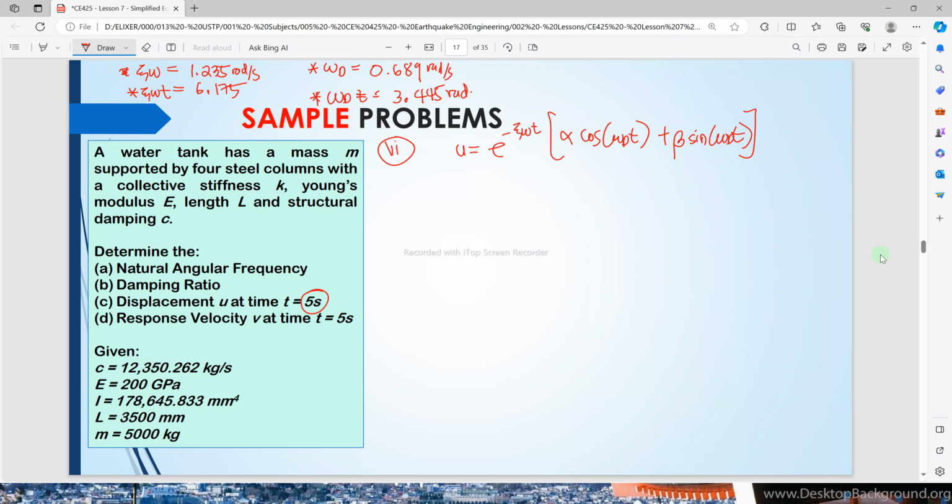Okay, so we can solve now. We have u equal to e to the negative 6.175, this one. So ato na lang siya gi-show down diri para di na kayo nigubot diri nga part. And then, our alpha is equal to negative 400 millimeters. And our beta is equal to negative 281.5675 millimeters. So ano millimeters? Kay millimeters ang unit nga gigamit nato for the displacement, and for the velocity is millimeters per second.